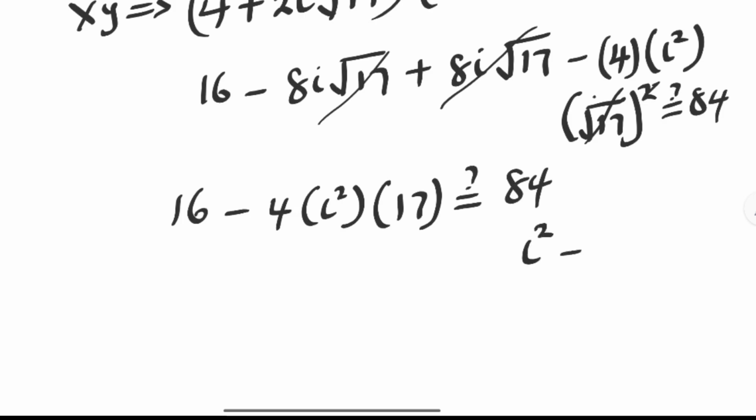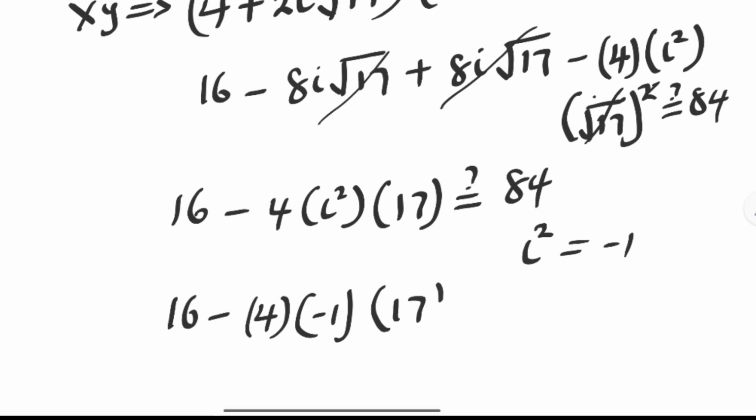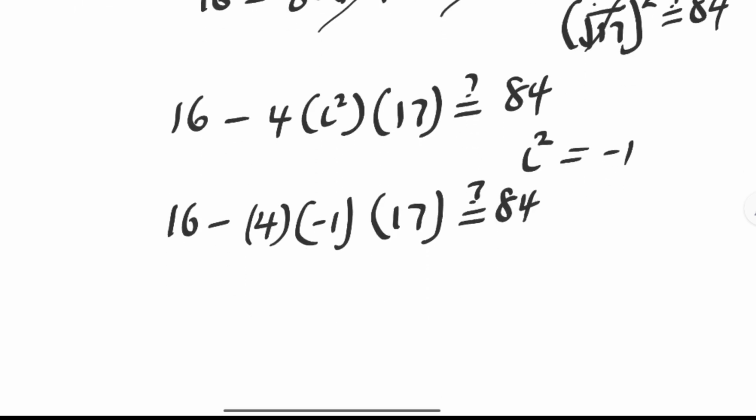i squared is equal to minus 1. Then we have 16 minus 4 multiplied by minus 1 multiplied by 17 must be equal to 84. Yes, minus 4 times minus 1 times 17.